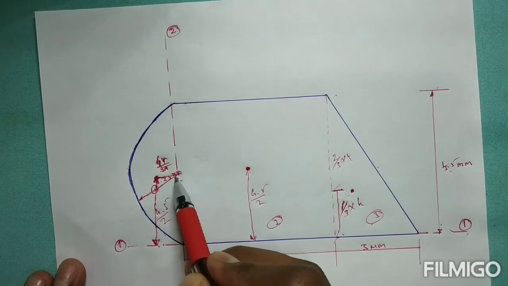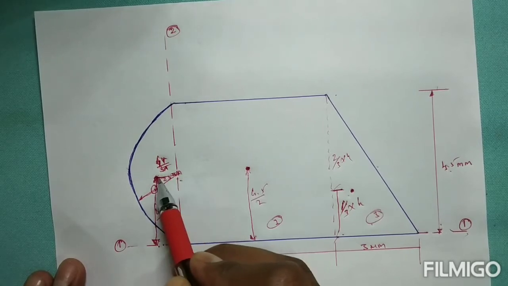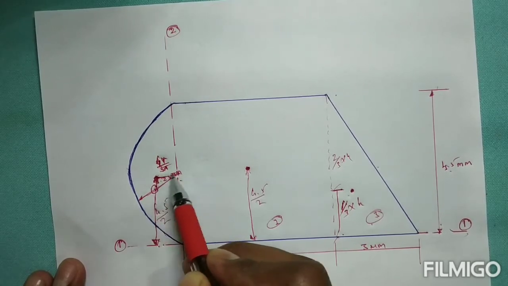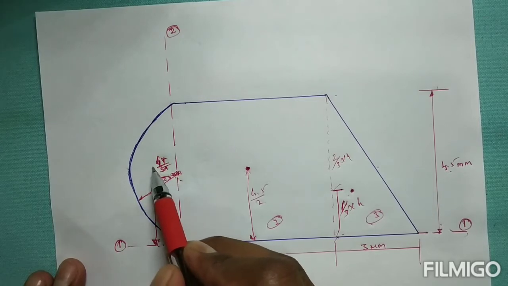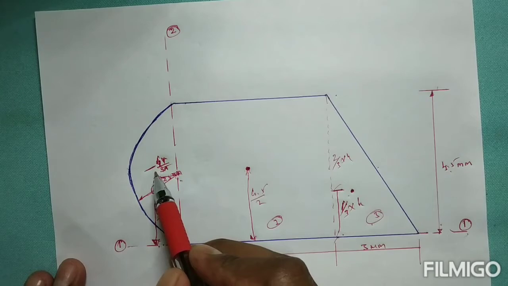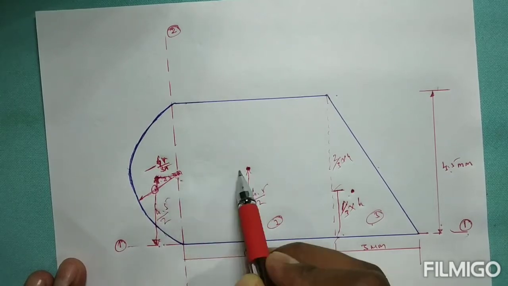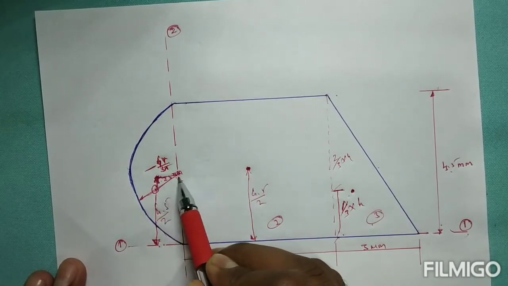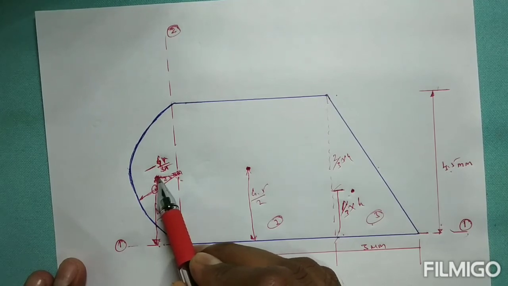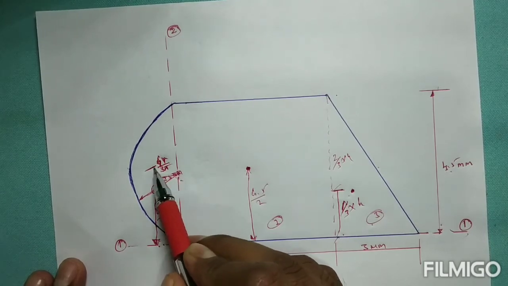So you have to take, for this case, the x-axis, this is the left side of your reference axis. So in this case you have to take this value as negative. Be careful, you have to take this value as negative. For this your reference axis is on the left side, for this case the reference axis is on the right side. In whichever case the reference axis is on the right side, you have to take negative.